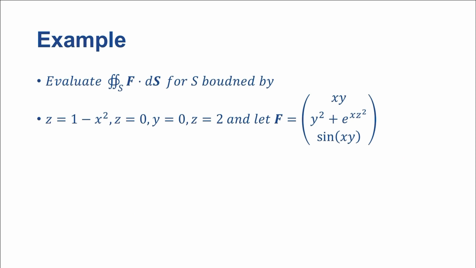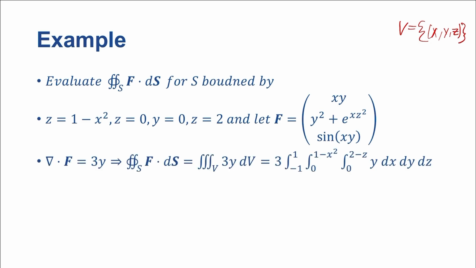So we're going back to that kind of volume definition where we define it as a set of Cartesian points. And the vector field is F = (xy, y squared + e to the xz squared, sine of xy).